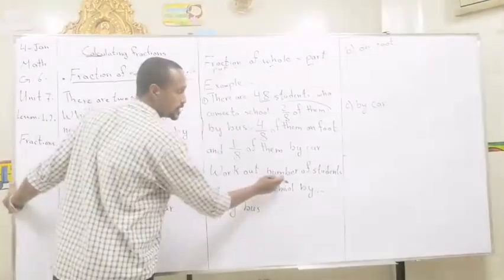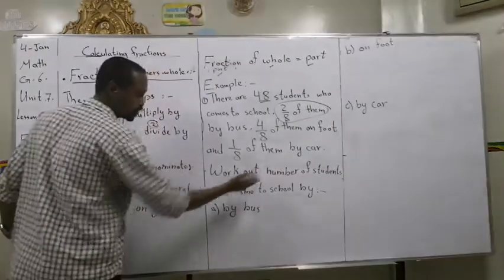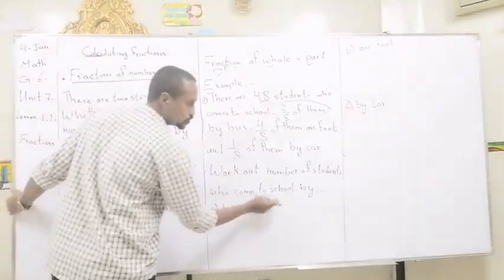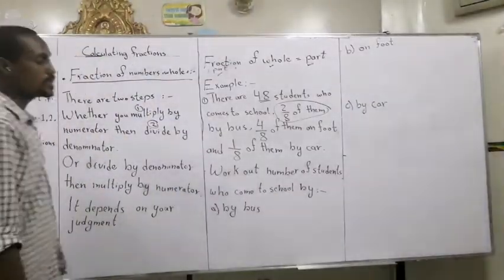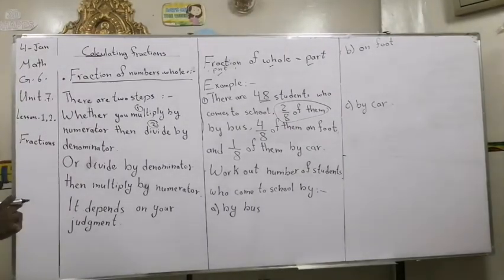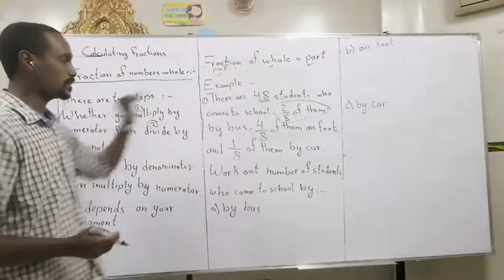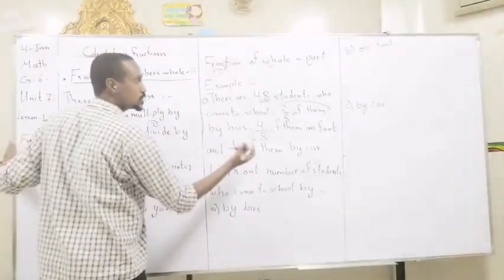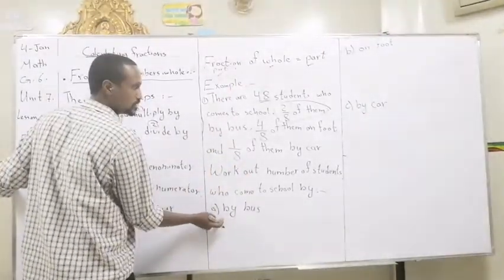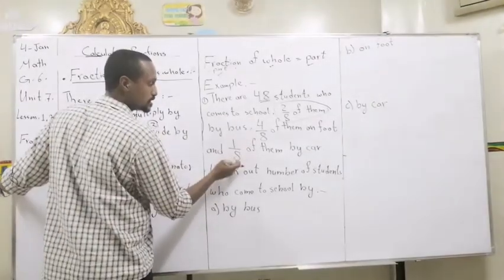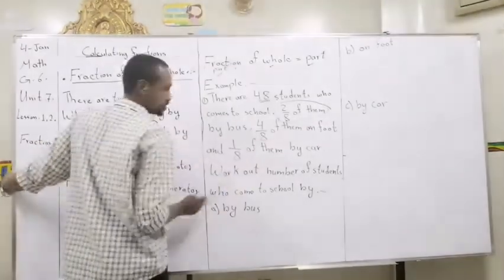What do they want? Work out the number of students who come to school by bus, the first one. So I should always use this for the fraction of the part. Which one is the fraction for the bus? This refers to foot.